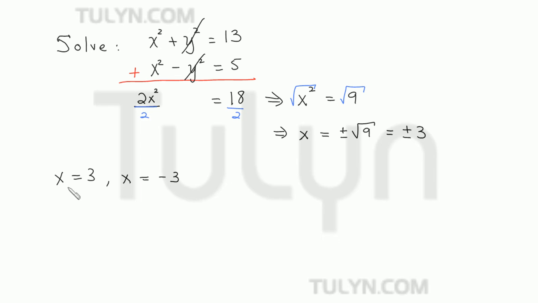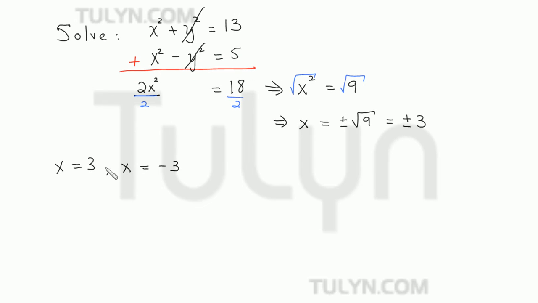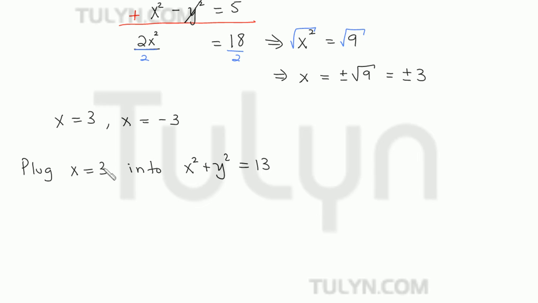So what we do is we plug in these two values for x into one of the two equations to solve for y. So I'm going to plug these values into the first equation. So first, I'm going to plug x equals 3 into x squared plus y squared is equal to 13. Alright?